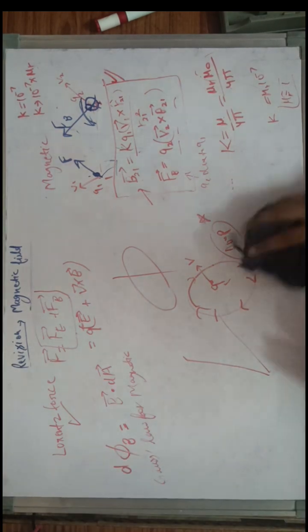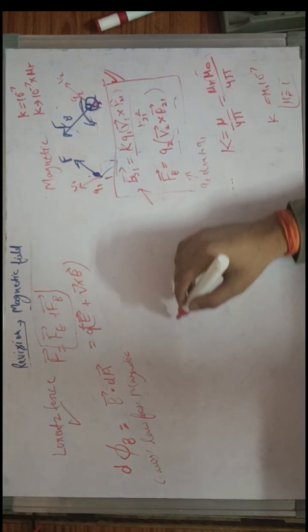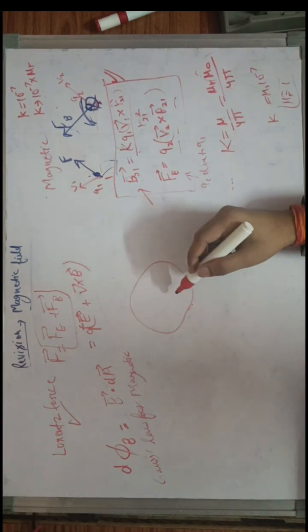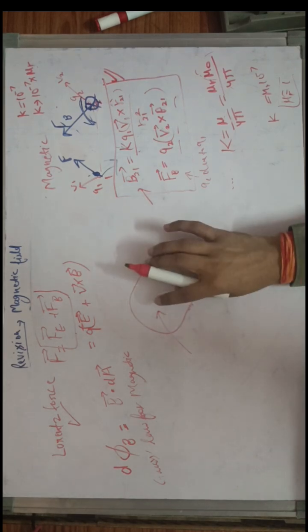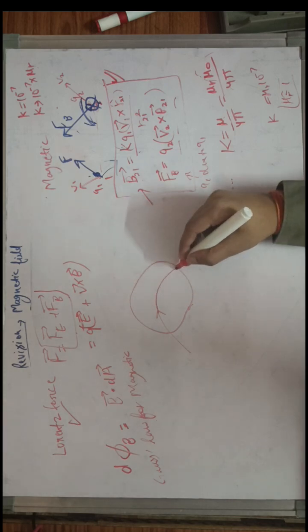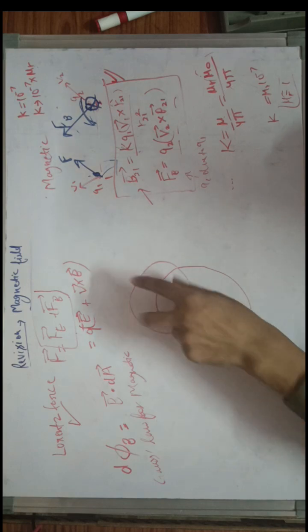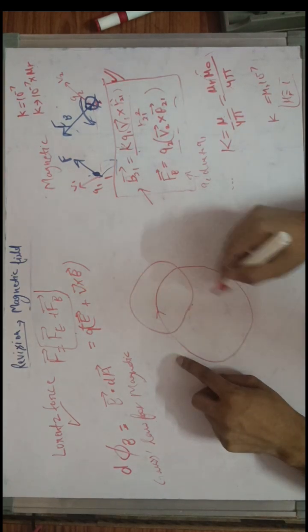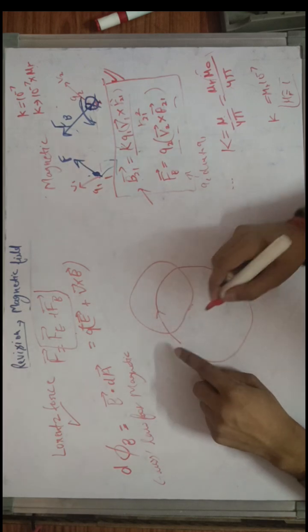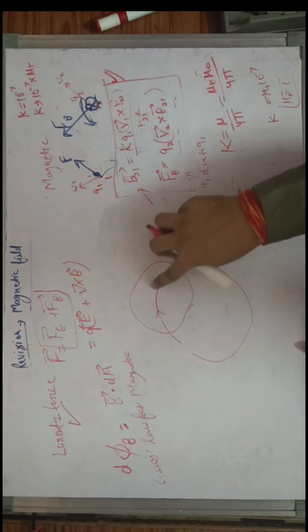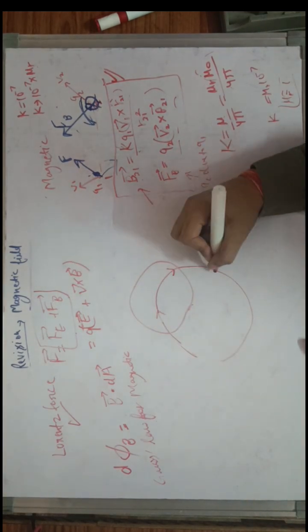So it means if I take a closed surface, that is a Gaussian surface, and there is any magnetic field going inside this surface, then it should also come out of this surface, because it has to complete a loop. If it doesn't come out of this Gaussian surface, the loop will not complete. So to complete this loop, this field line must come out of the surface.